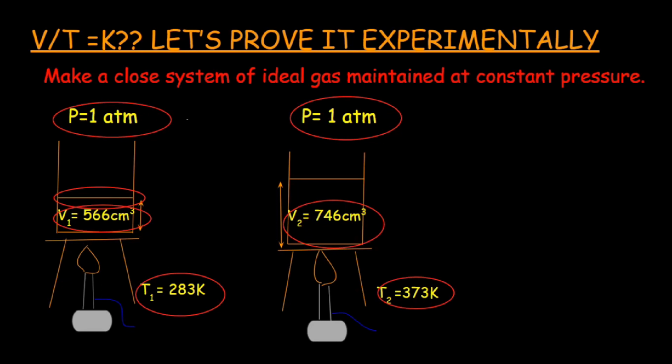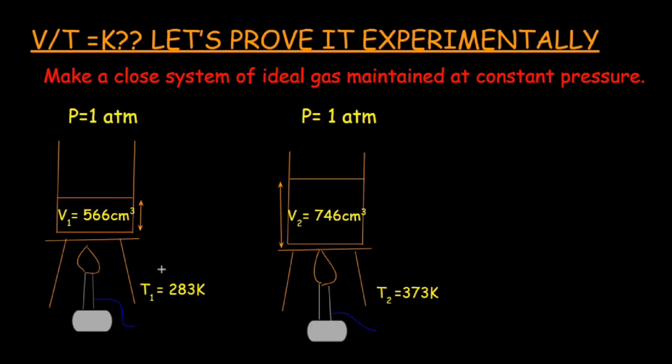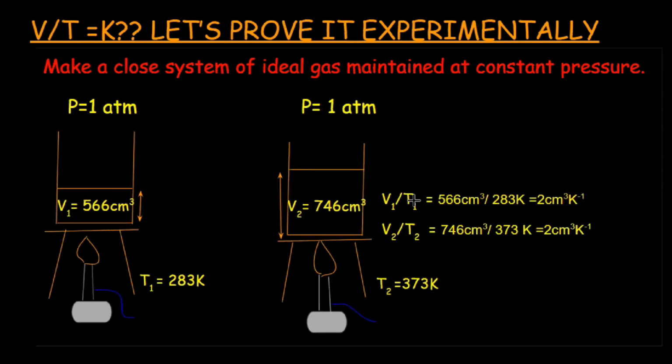Now let's calculate the value of K when the temperature was T1 and volume was V1. By replacing V/T with V1/T1 and substituting their values, 566 divided by 283, you will find an answer of 2 cm³ per Kelvin.